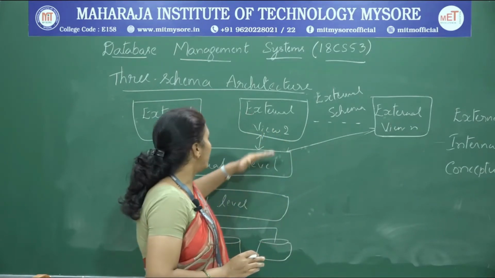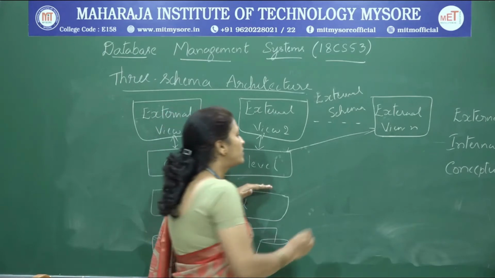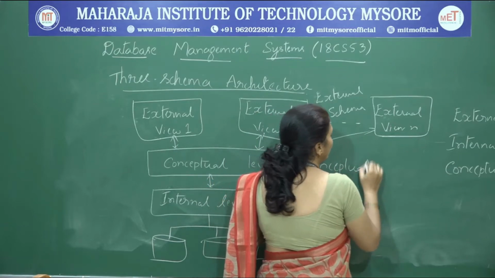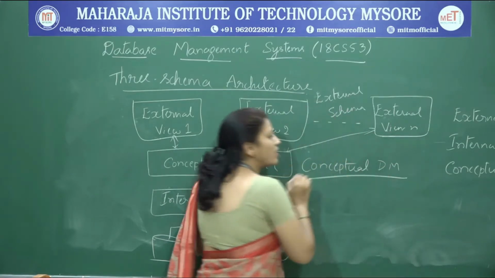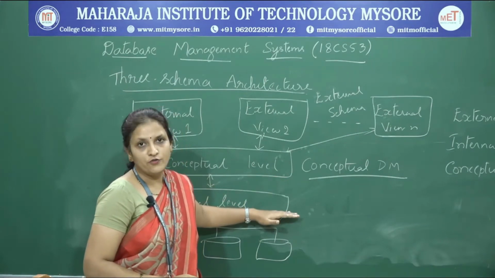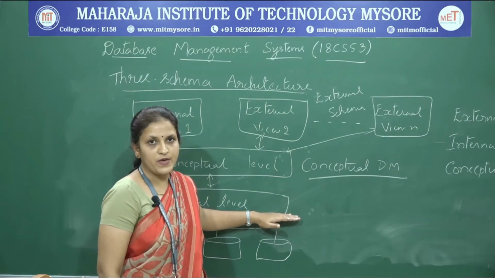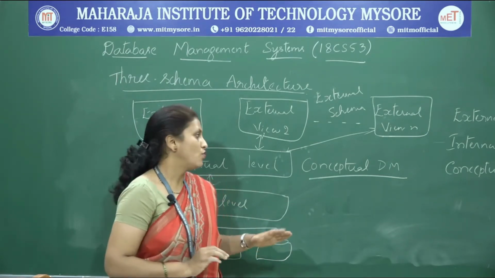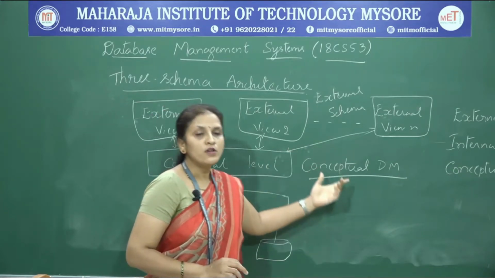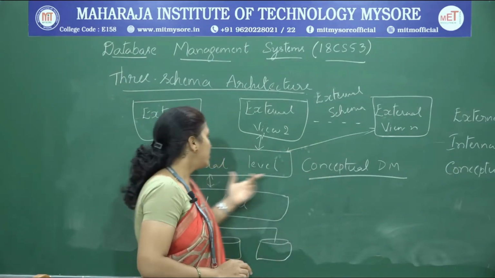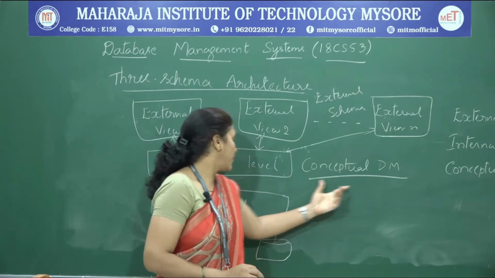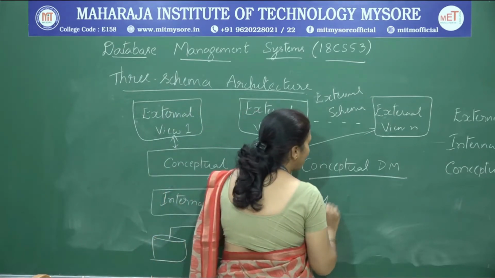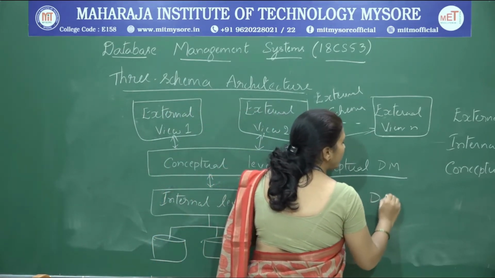Then comes the conceptual level, which describes the conceptual data model. It uses a data model which hides the information about the physical storage of the database. It just gives an overview of how the data is stored, and it emphasizes more on conceptual terms. That is the conceptual level data model. Then comes the internal level or physical level, which makes use of the physical data model.